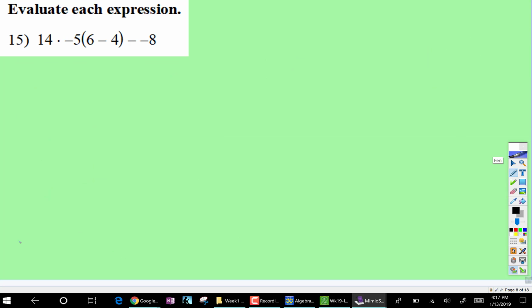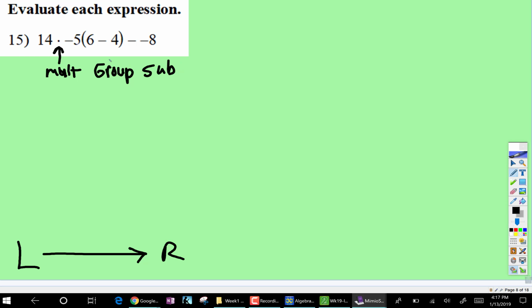So as we read left to right, well, there's multiplication. There's a group. There is subtract. Now be careful, that's subtract a negative, so you're going to have to be careful. But the operations are multiply, there's a grouping symbol, and there's a subtract.